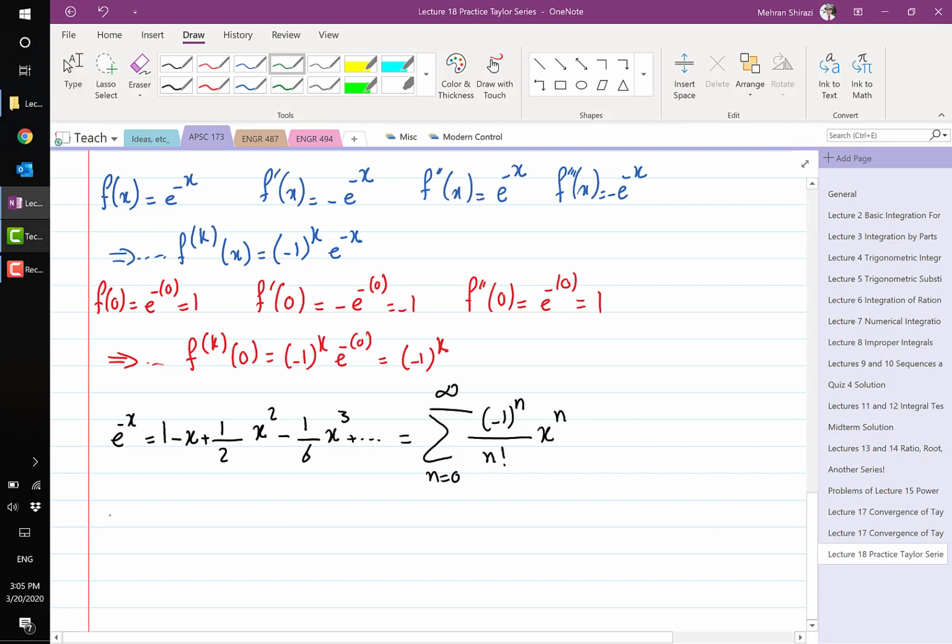So in question 27, you are asked to find the Taylor series generated by f, and f is given as x to the power of 4 plus x to the power of 2 plus 1 at a equals negative 2.